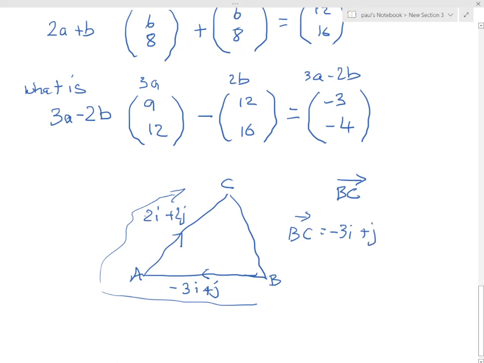Then this is a plus 2i, we're going with the arrow, plus 2i plus 2j. So we've got minus 3i and plus 2i, so that will be minus i, plus j plus 2j is plus 3j, collecting like terms, isn't it? Yeah?